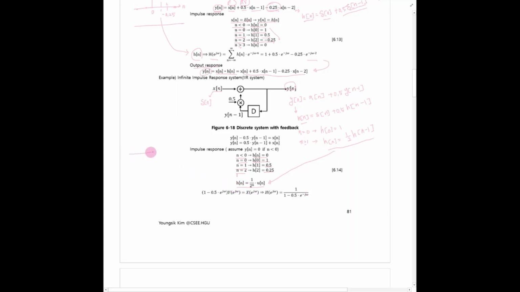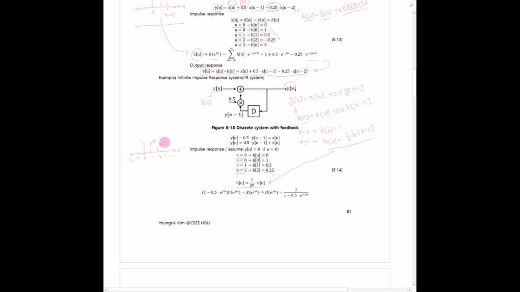So if I plot that one, this is n. If n is 0, then this is 1. For n less than 0, minus 1 and minus 2, all the way it is 0. Then n is 0, n is 1, 2, and in these sequences, it is 1, 0.5, 0.25.